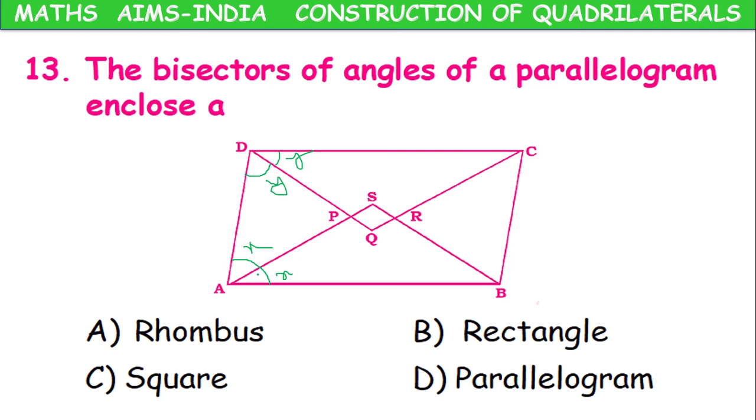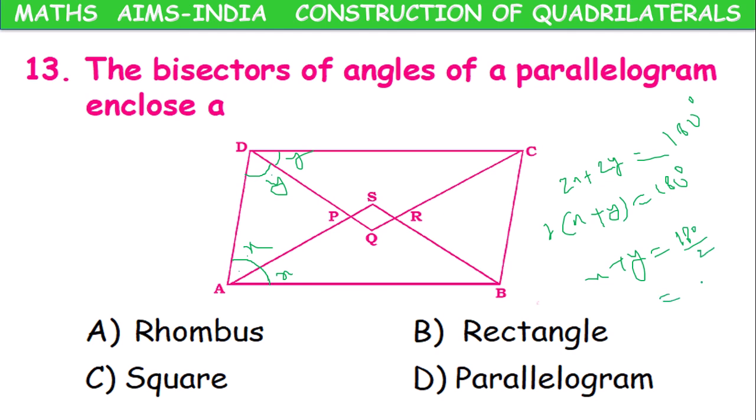So here the sum of adjacent angles in a parallelogram will be 180 degrees. So x plus x, 2x plus 2y, 2x plus 2y equals 180 degrees, or 2 common, x plus y equals 180 degrees, or x plus y equals 180 by 2, which is 90 degrees.